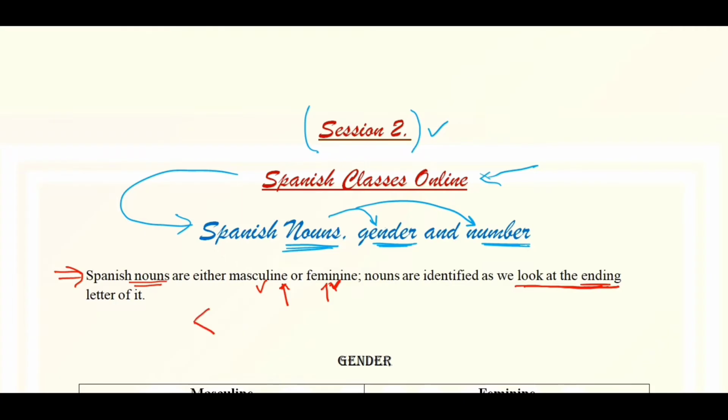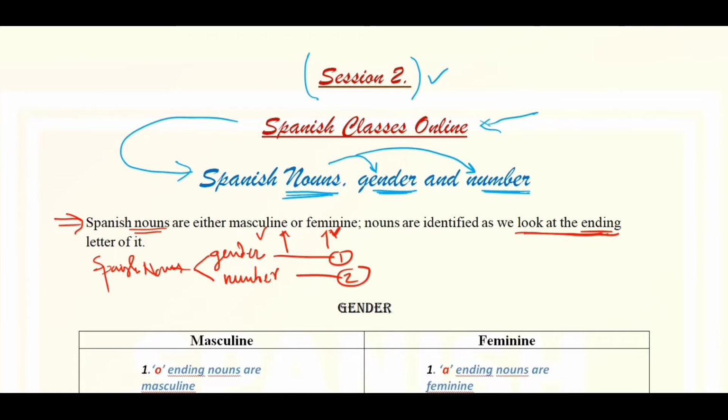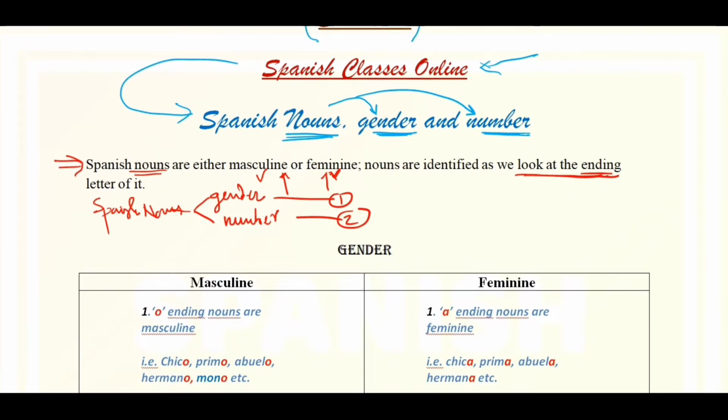But in the beginning, we are going to study Spanish gender. There are two genders in Spanish, masculine and feminine. And second, number, singular and plural. These are Spanish nouns. Next point is dedicated to Spanish gender.